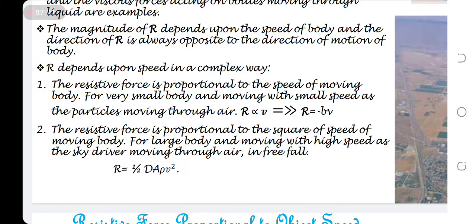So, for a particle moving through air, R is proportional to v, so R is equal to minus b into v. The negative sign indicates the direction of R is opposite to the direction of velocity. And b is a constant. We discuss it in detail in the further coming article.